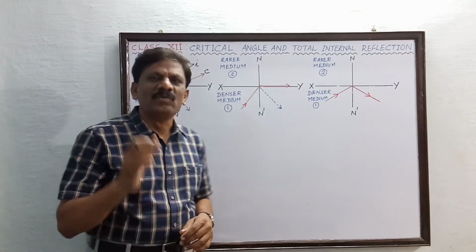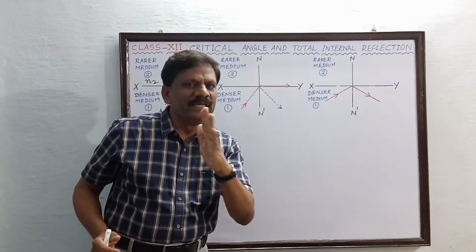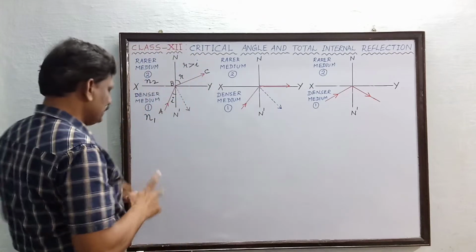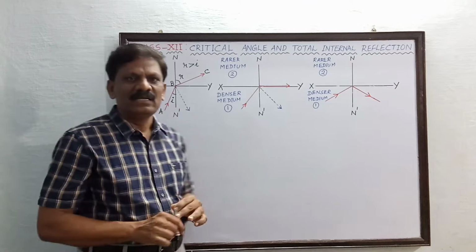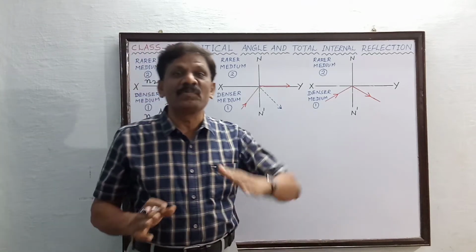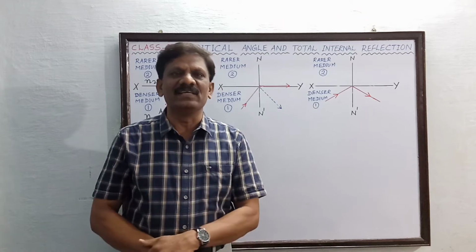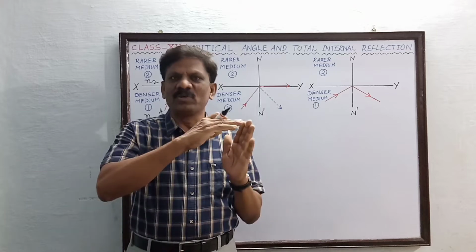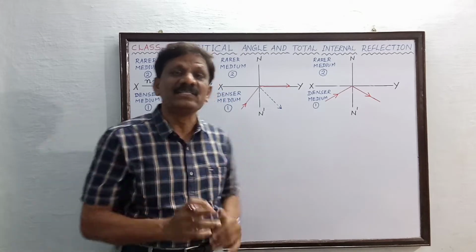Now I am going to increase the angle of incidence slowly, degree by degree. Understand that? Proportionately the angle of refraction also will increase. Whenever the angle of incidence is increased, proportionately the angle of refraction will also increase. At one stage, what is going to happen?